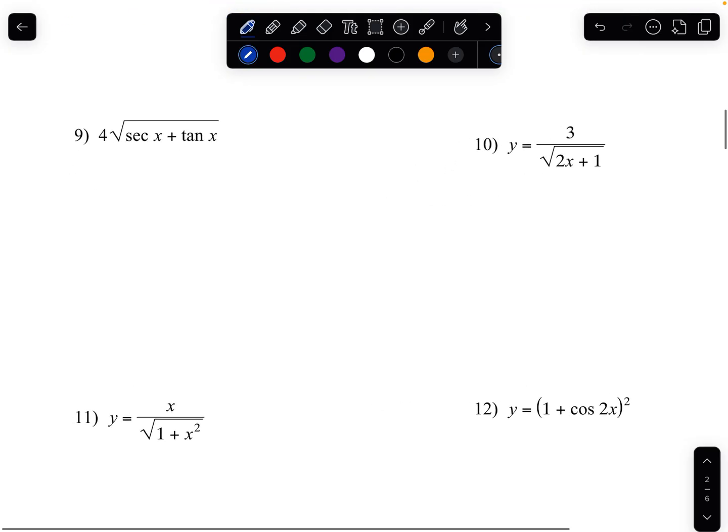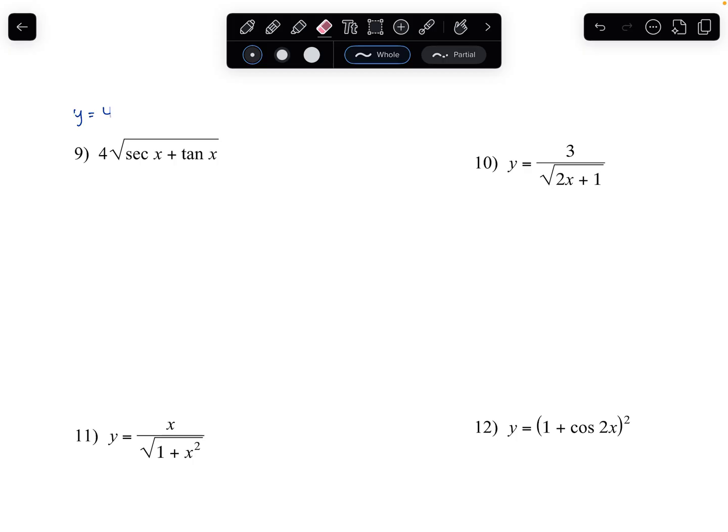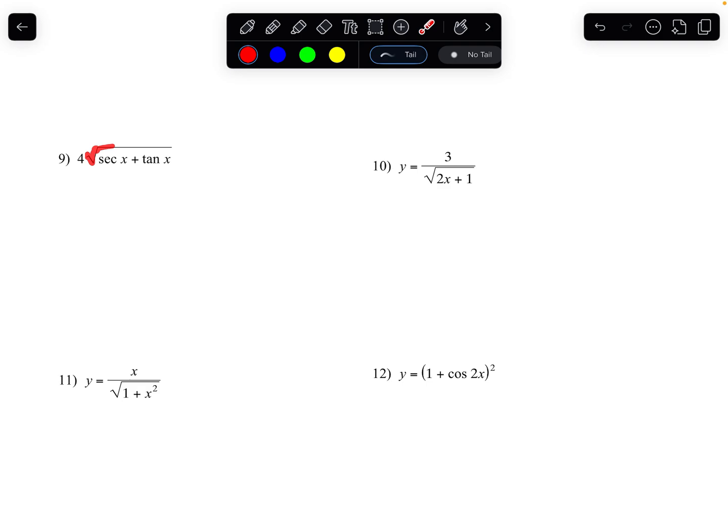For 9, I don't know why there's no y equals, probably a typo by me. But first of all, I'm going to rewrite this as 4. Do I want to rewrite that? You know what? I'm not going to rewrite that. Because I know what the derivative of the square root of x is, right?